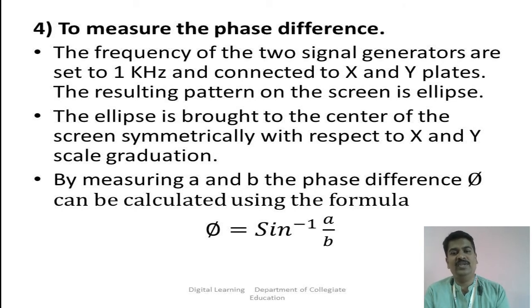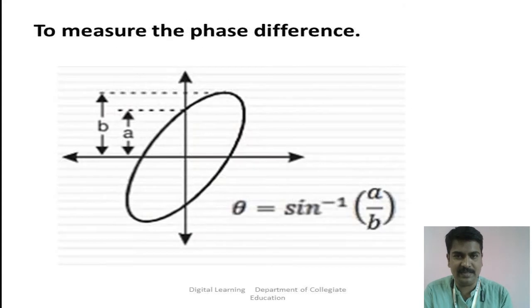Now, by measuring A and B, the phase difference phi can be calculated using the formula phi equals tan inverse of A by B. I'll tell you how to measure A and B with a pictorial representation, and how to measure the phase difference.